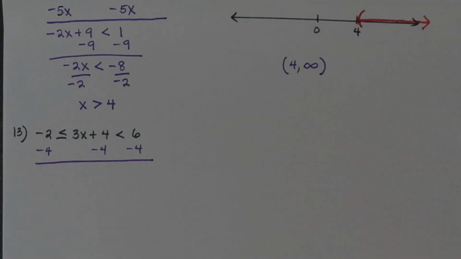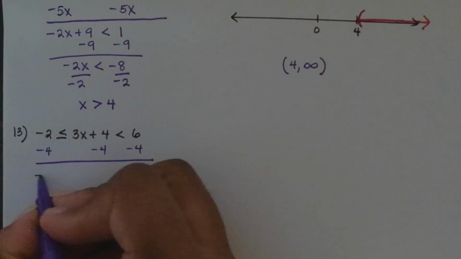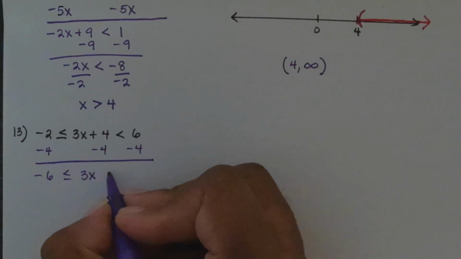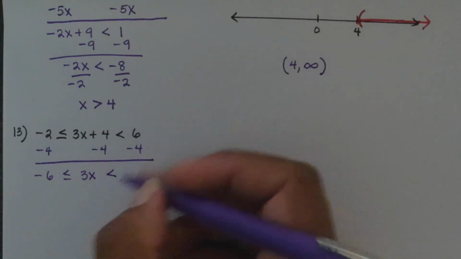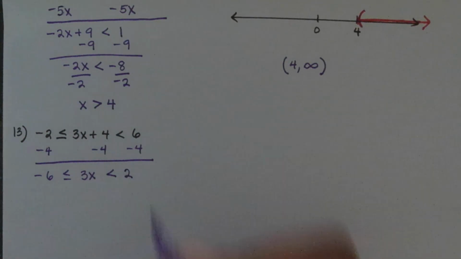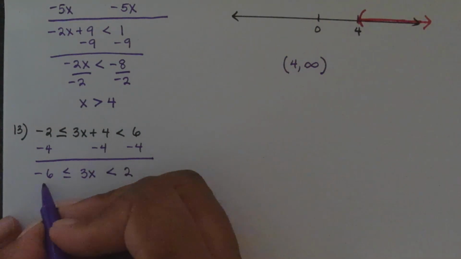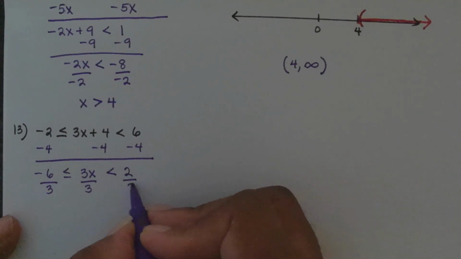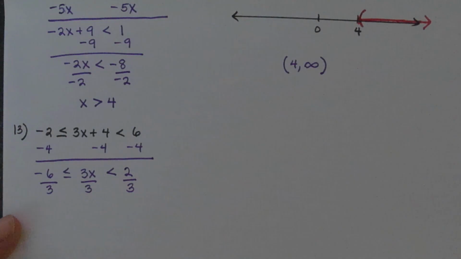So here, negative 2 minus 4 would be negative 6. And that's less than or equal to, we have the 3x by itself, and then less than 6 minus 4 is 2. And now I still need to get x by itself, so I need to do what? Divide the left side, divide the middle, and the right side of this compound inequality by 3.